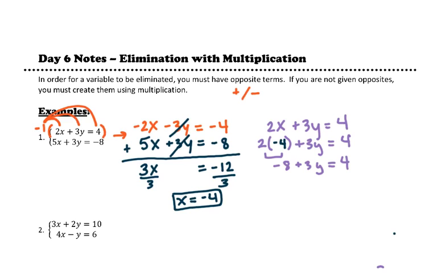And then we're solving a two-step equation, so you have to think of your opposites, or how to undo what's being done to y in this case. So we have to undo addition and subtraction first. So if we have a negative 8, we'll have to add 8 to both sides, which will leave me with 3y equals 12.